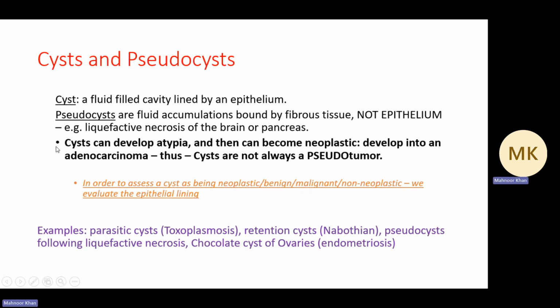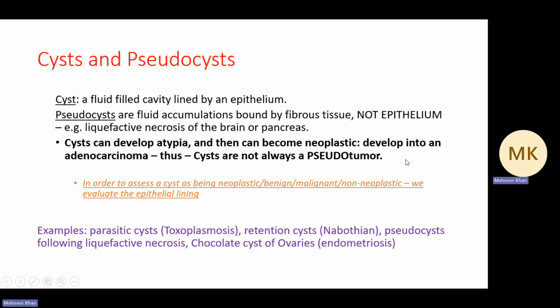And can cysts become precancerous or cancerous? Yes, of course they can. If they develop dysplasia or atypia, they become neoplastic and they can develop into a carcinoma. So cysts are not always a pseudotumor.